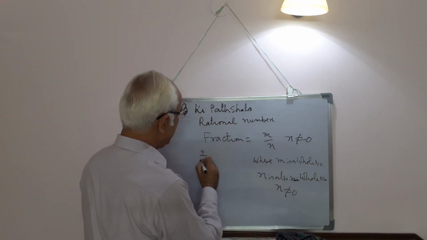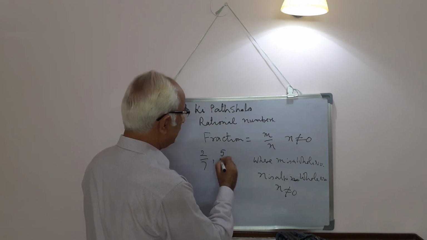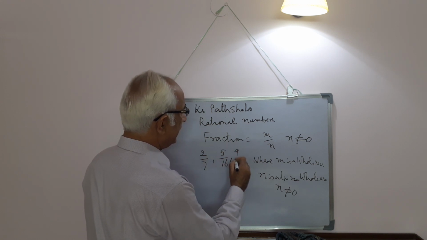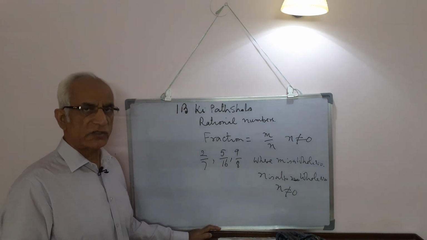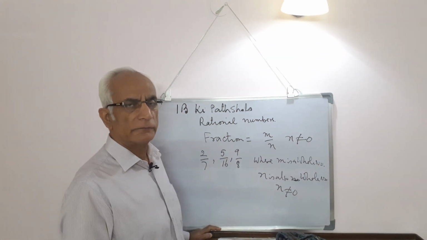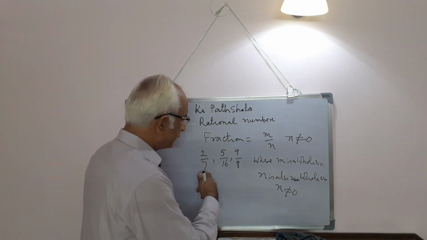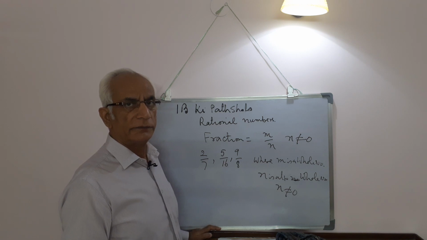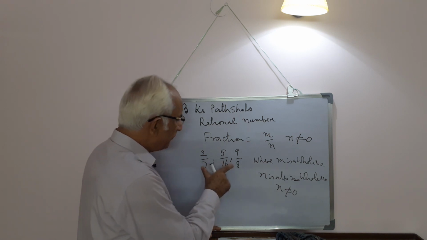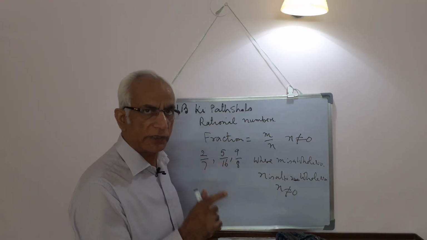Therefore, 2 upon 7 or 5 upon 16 or 9 upon 8, these are all fractions. Now, they are also rational numbers. So, some fractions are also rational numbers.